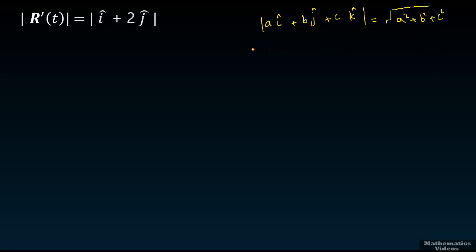Very simple. By using this definition we get this magnitude equal to the square root of 1 square plus 2 square, which is equal to the square root of 5. So this is the magnitude of r prime of t.